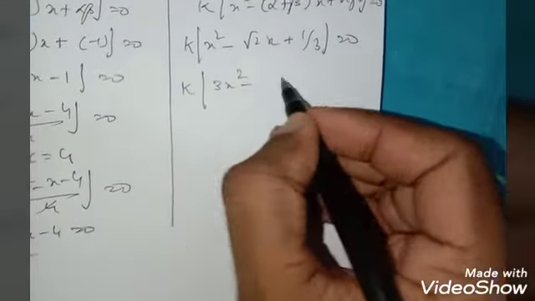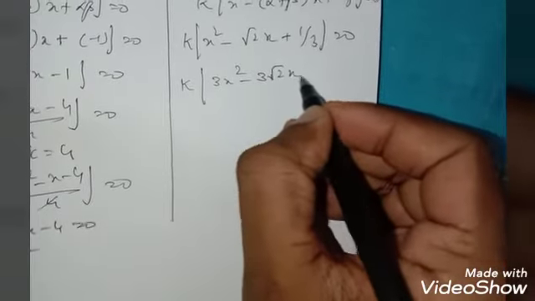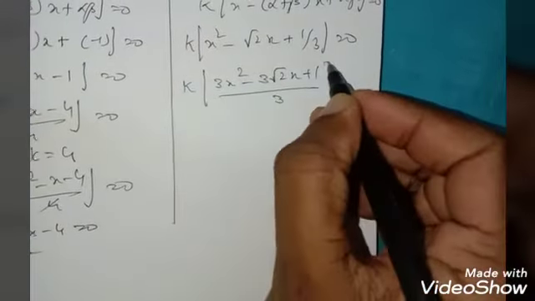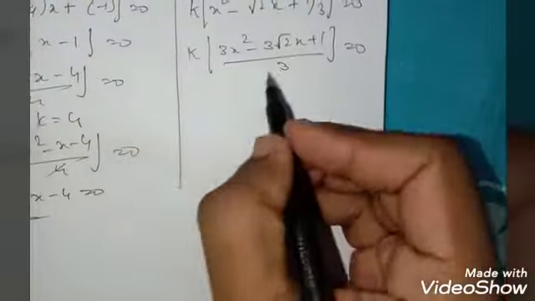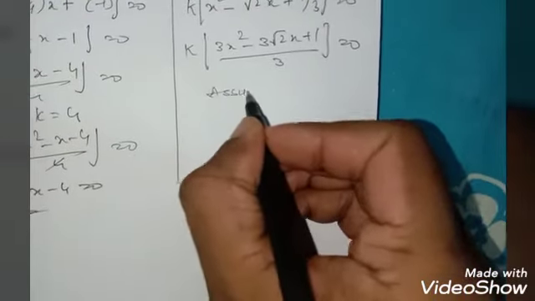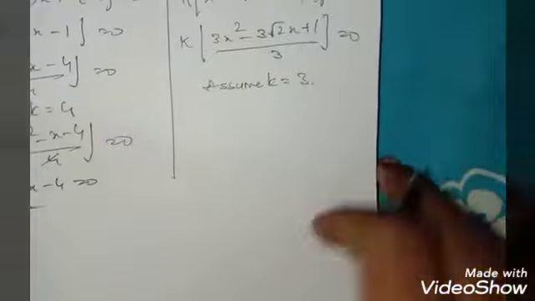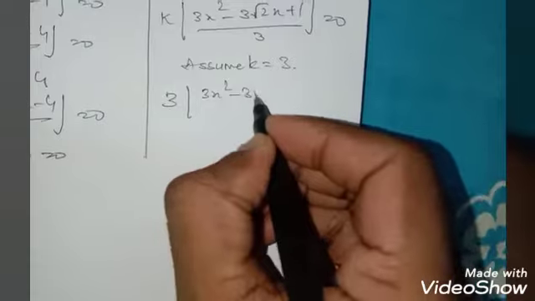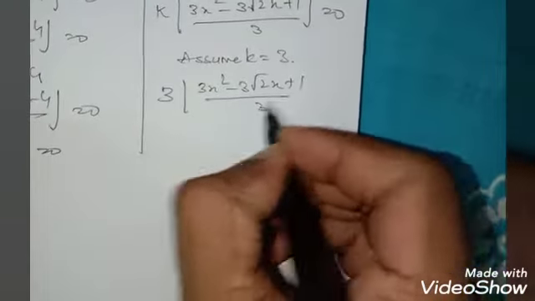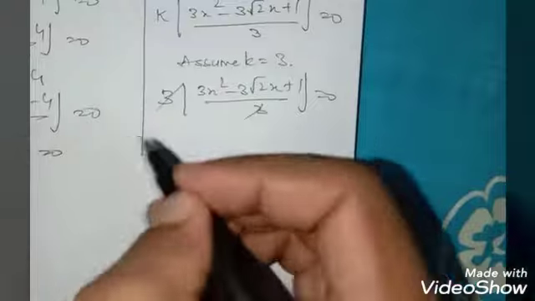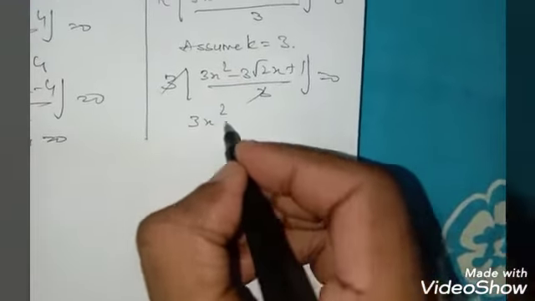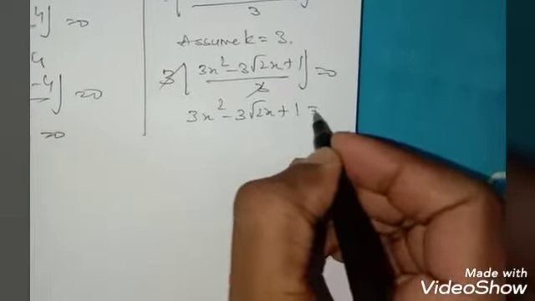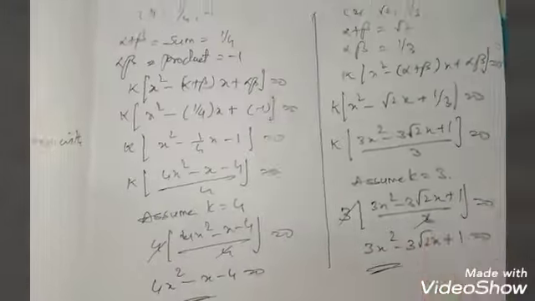You will get 3x square minus 3 root 2 x plus 1 divided by 3 is equal to 0. As you have a denominator, I can assume k is equal to 3. If I assume k is equal to 3, you will get 3x square minus 3 root 2 x plus 1 by 3 is equal to 0. So I can cancel this 3. You will get 3x square minus 3 root 2 x plus 1 equal to 0. So like this you are finding the quadratic equation if the sum and product of the roots are given.